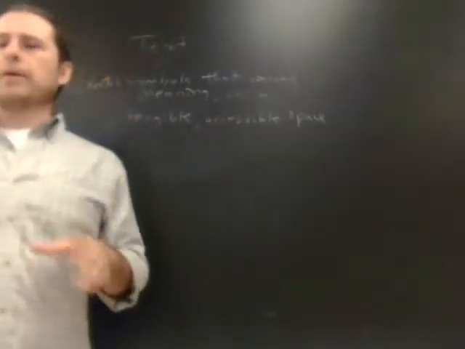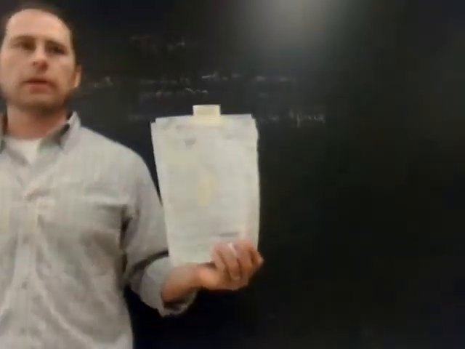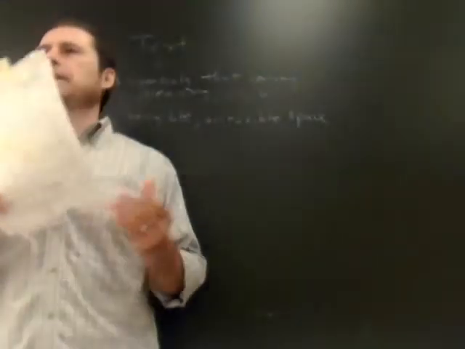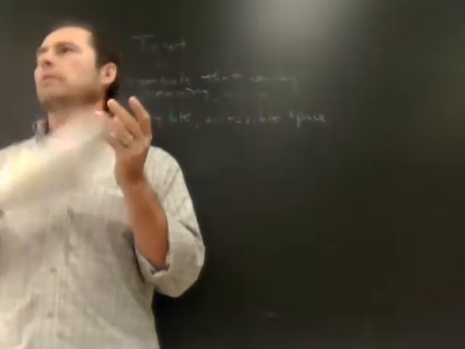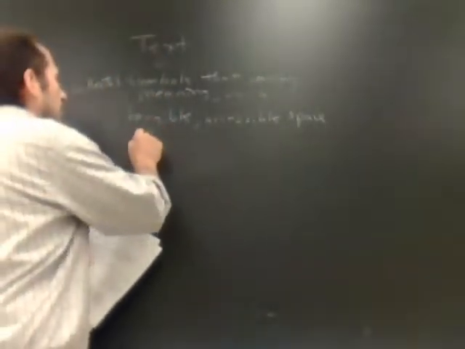So think about this piece of paper right here. Is it a tangible space? Can you touch it? Can you hold it? Now, by tangible, maybe I should say material.